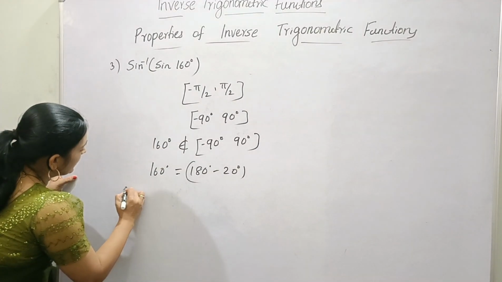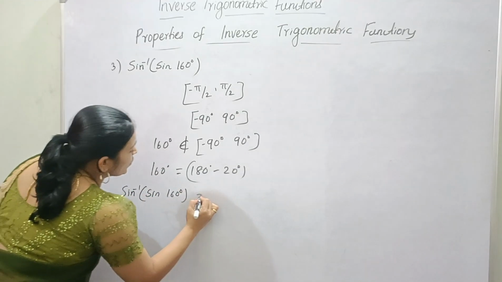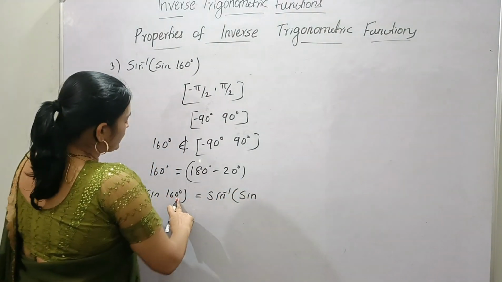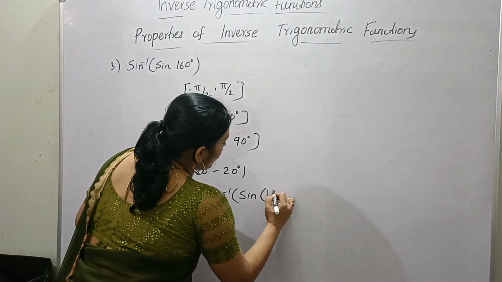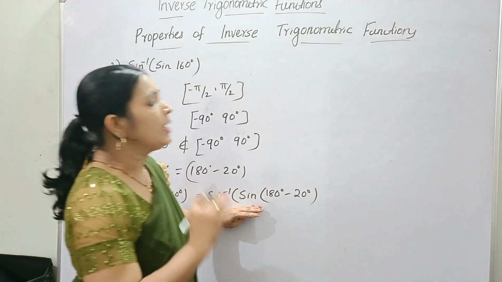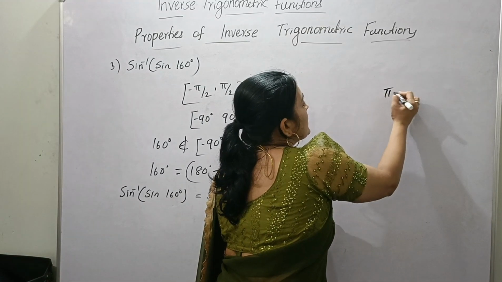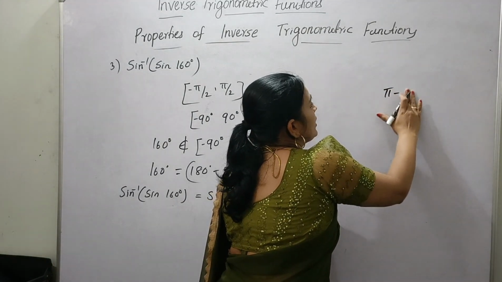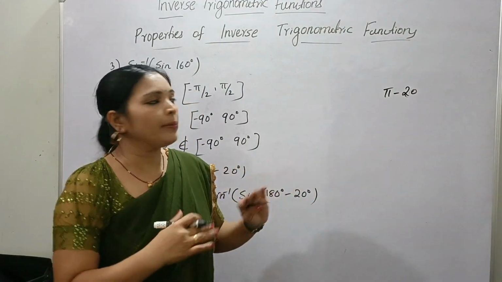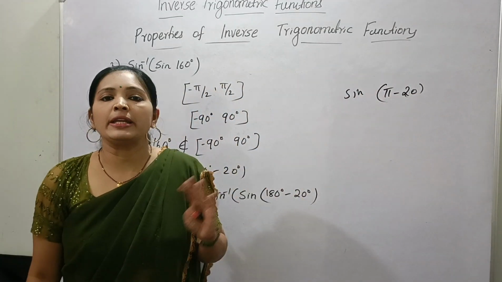So sine inverse of sine 160 degree is equal to sine inverse of sine of 180 degree minus 20 degree, right? In radian, 180 degree is pi, so this is sine of pi minus theta.